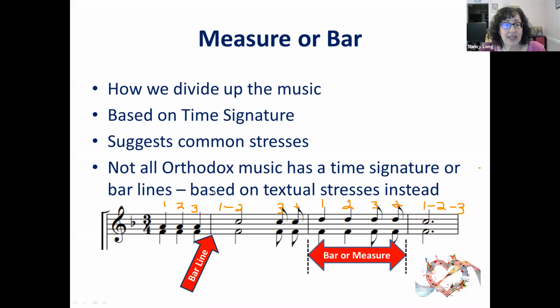Sometimes we have to work against that with whatever the words are, but the time signature does tend to suggest common stresses. A common stress in a 4/4 bar would be stress on 1, not on 2, a secondary stress on 3, and not on 4. So 1, 2, 3, 4, 1, 2, 3, 4.